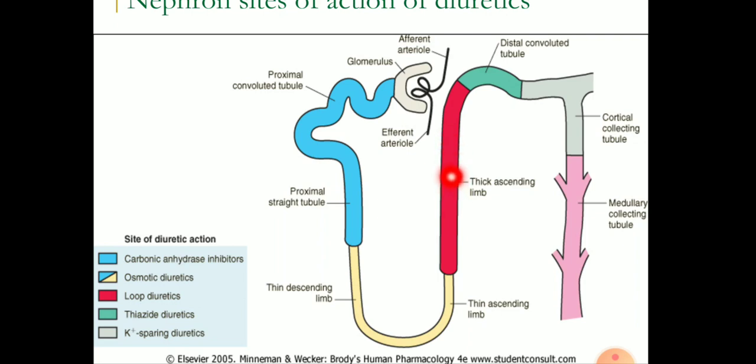Whereas in case of moderate ceiling, it means that if you give 12.5 milligram or 6.25 milligram of the diuretic, you will see a very good effect. You can increase up to 25 milligram, you will still get a better effect, but if you increase it up to 50 milligram of hydrochlorothiazide, you will not get any further beneficial effect.